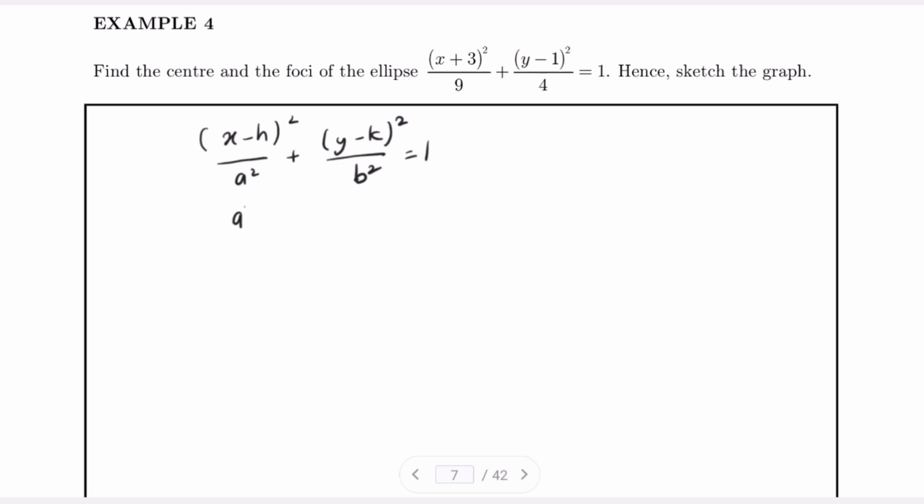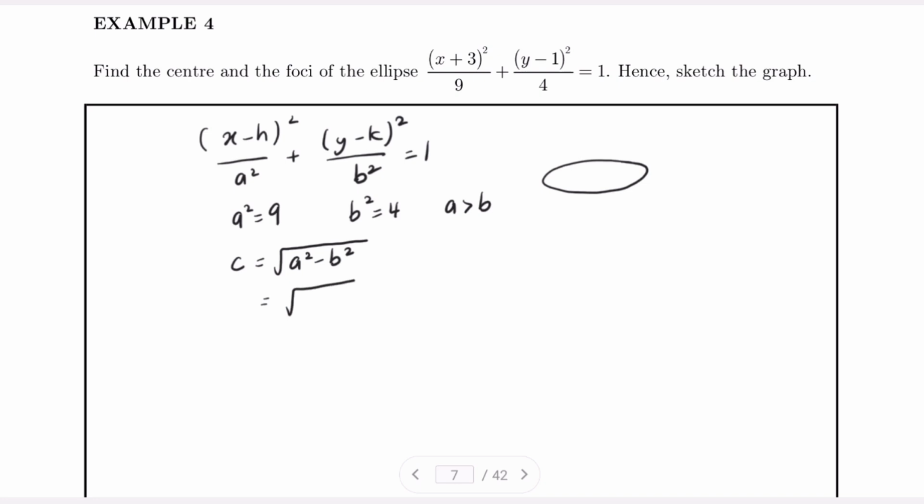From here, we notice that a square equals 9 and b square equals 4. Since a is greater than b, we basically know that the shape will be something like this. Right? Okay, to find the value of c, we're going to insert a square minus b square. So it becomes 9 minus 4, and the answer is 5.